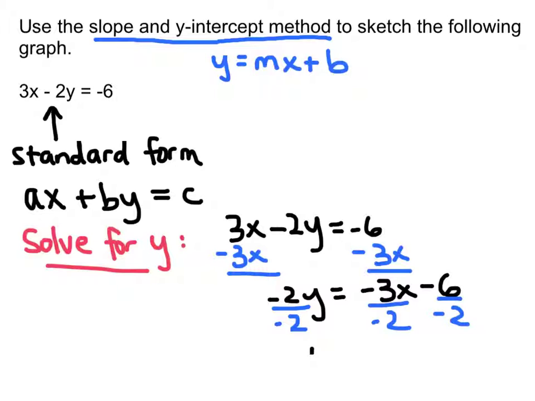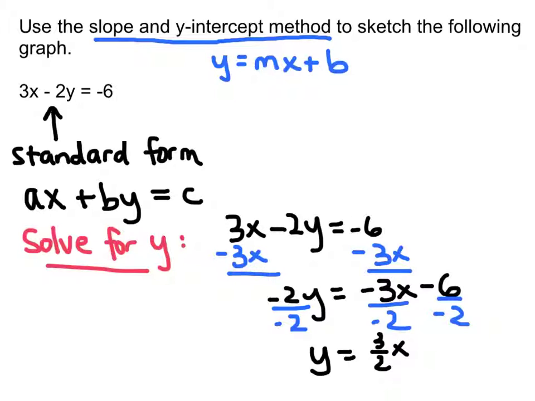So the left side will be left with y. And when I'm looking at negative 3 divided by negative 2, I really don't deal with the math part of the numbers, but I do worry about reducing and trying to simplify the negative signs if possible. So negative divided by negative is positive, so we should be getting 3/2 x.